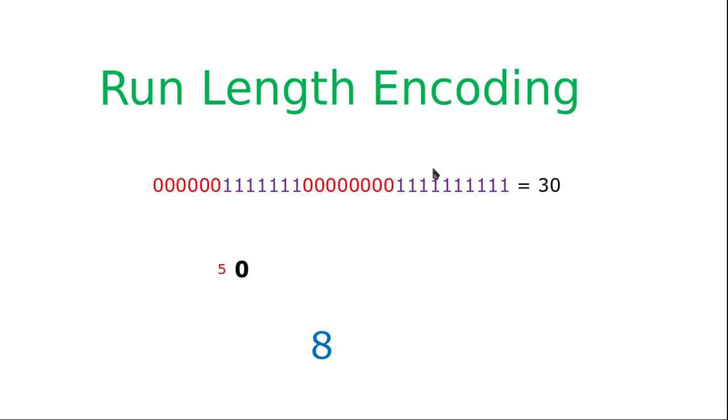Instead of these 30 bits, we can transfer it like 5 zeros, then 7 ones, then 8 zeros, and 10 ones. So only 8 pieces of information you are storing or transmitting, and from these 8 pieces you are recreating the 30 bits. Instead of storing 0 five times, you just tell that these zeros occur 5 times. That is how the compression system works.